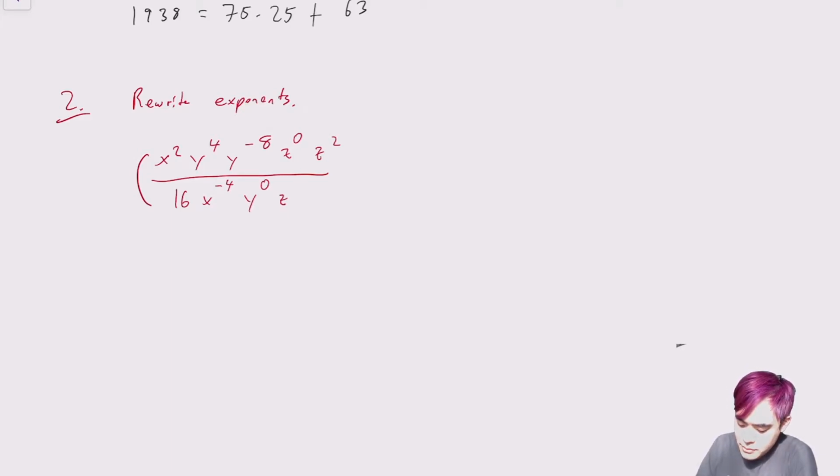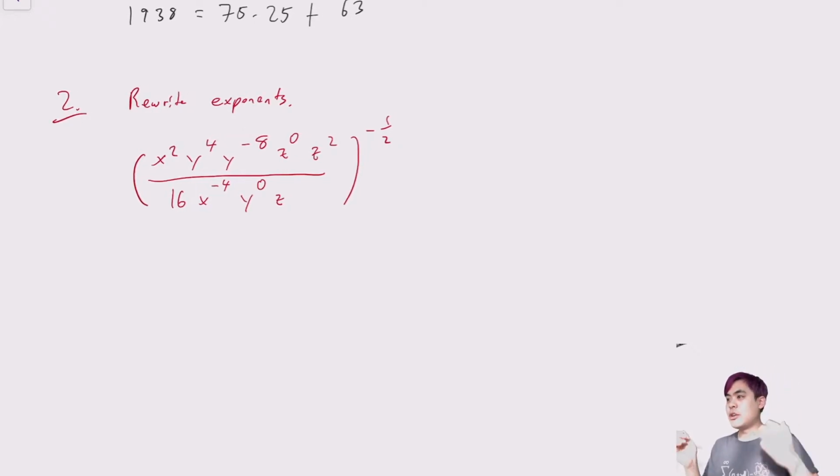Okay? And let's say that entire thing is to the negative 1/2 power. Oh, we also have a question about part B of the Euclidean algorithm. We'll go back to that after we do this problem 2.